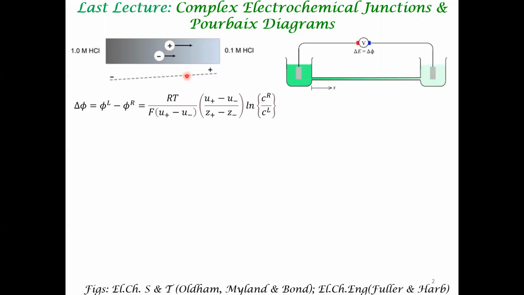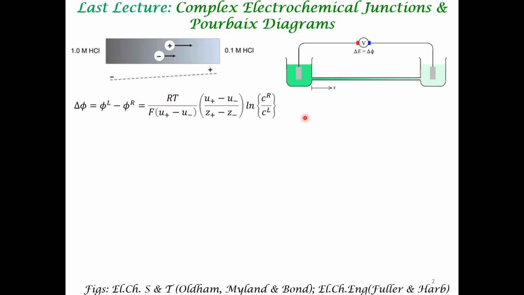We can measure these liquid junction potentials. We are given the framework for measuring these potentials. This depends upon the mobilities of different ions and other factors. But what you should be aware of is that the magnitude of liquid junction potential is rather small.